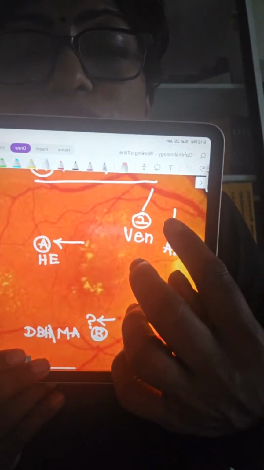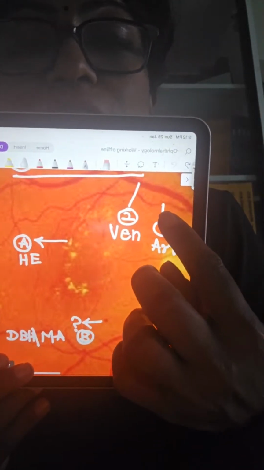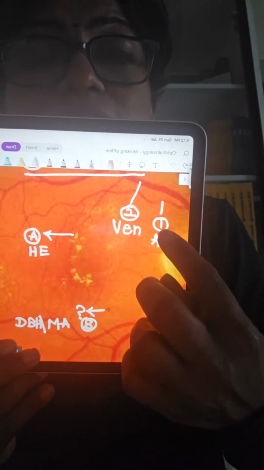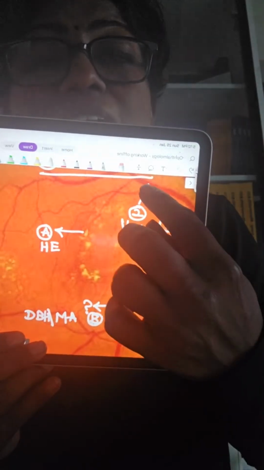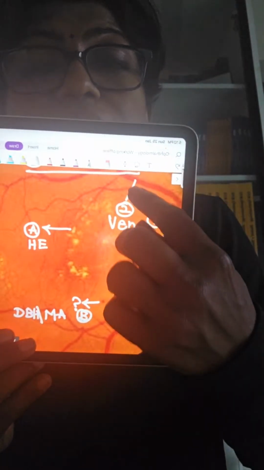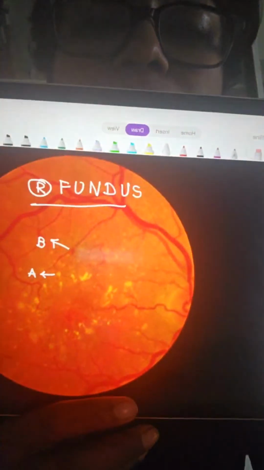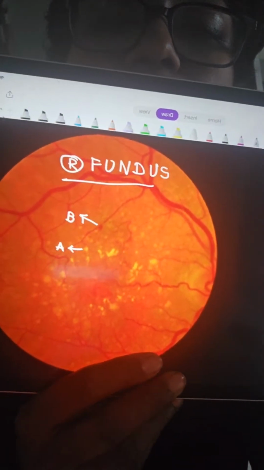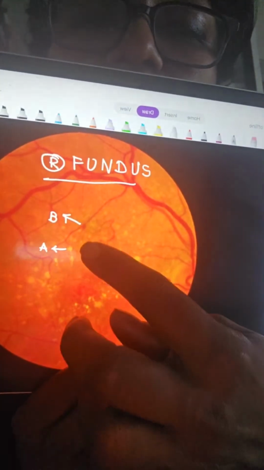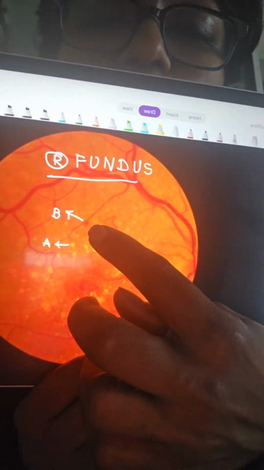Now, for those of you who joined us late, we have an arteriole which is lighter red in color and thinner, and a venule which is darker red and thicker. We will see a few more where you are seeing again hard exudates and a dot blot hemorrhage.